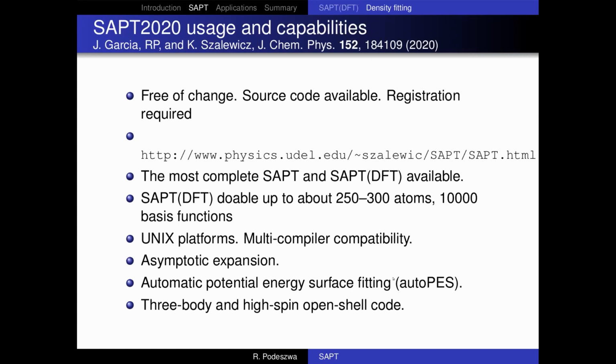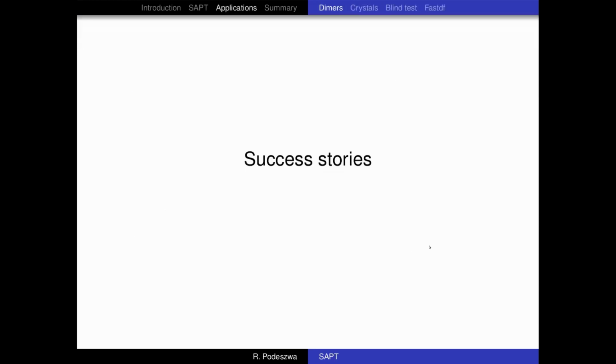It's a very time-consuming process to get intermolecular potential force fields. So it helps to automate this problem, and can be used not only with SAPT. You can use it with supermolecular approaches. And finally, there is a three-body code and an open shell code.